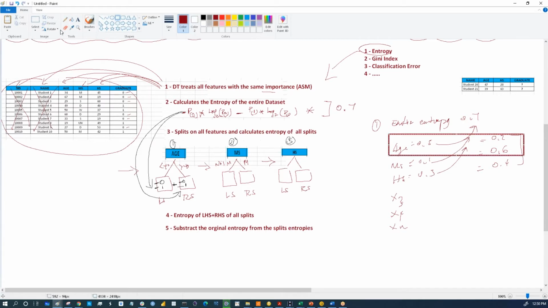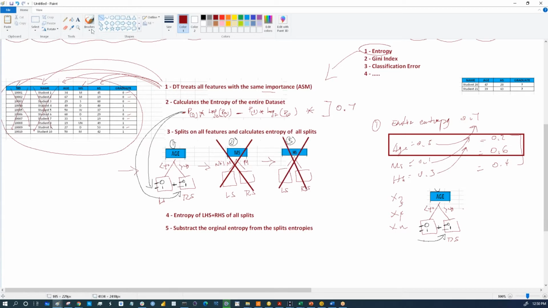Okay, so now the first splitter is going to be age. The other ones are going to be ignored. This is gone, and this is gone.